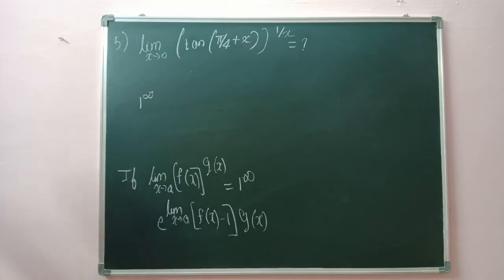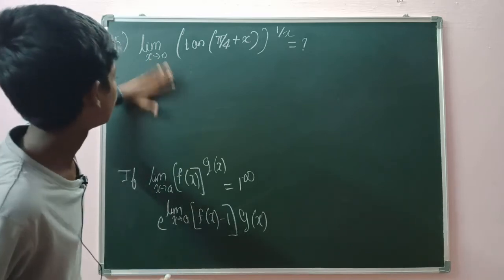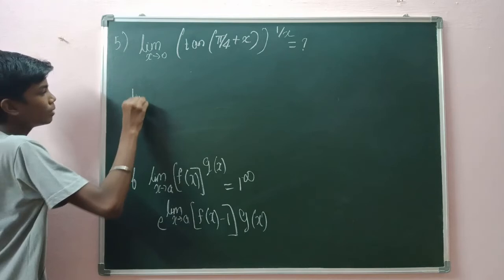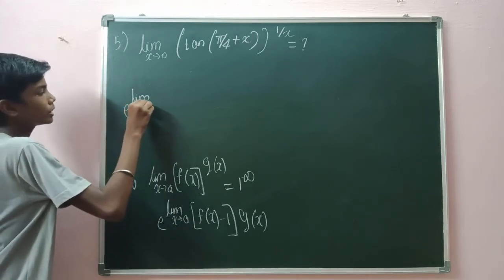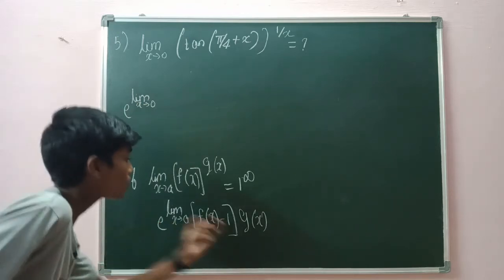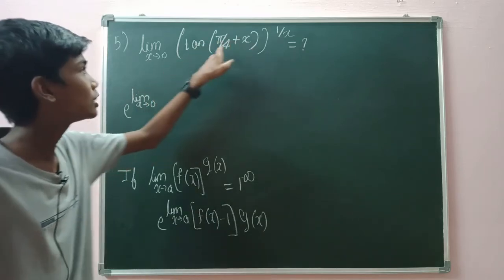Now when you use this form in this limit, I'll get e power of limit of x tends to a. Here your a is 0 because x is tending to 0. So e power limit of x tends to 0 of base minus 1. Here tan of pi by 4 plus x is f of x.